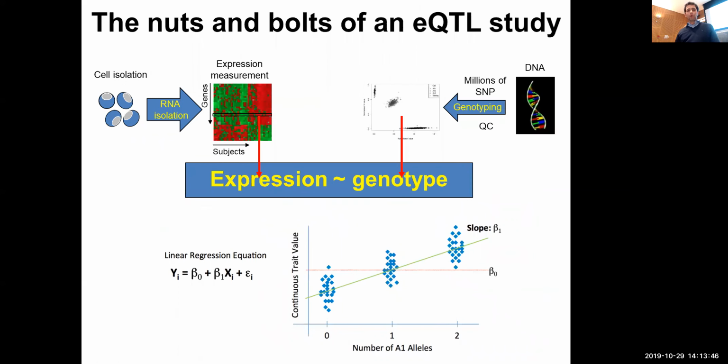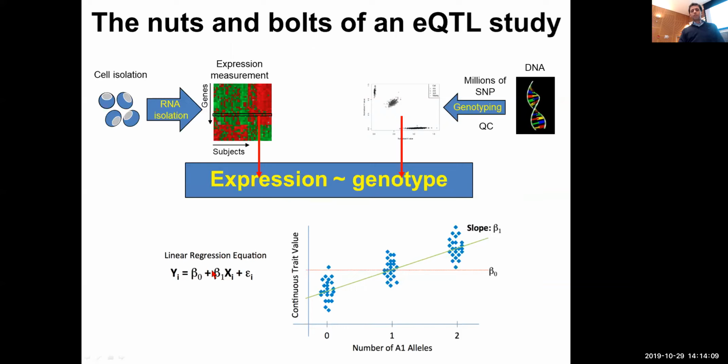The most basic one is the following. It basically says, can I explain my expression as a function of my genotype? So basically, can I have an output variable y, which is the quantitative trait of gene expression, as a function of a genetic variation of a nearby SNP?